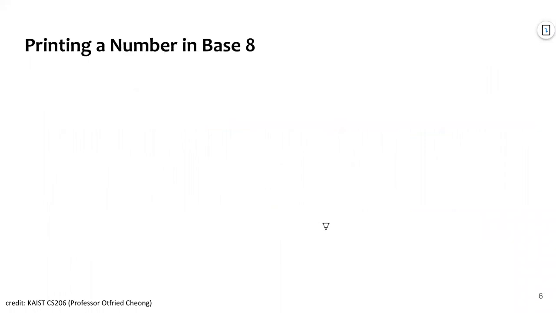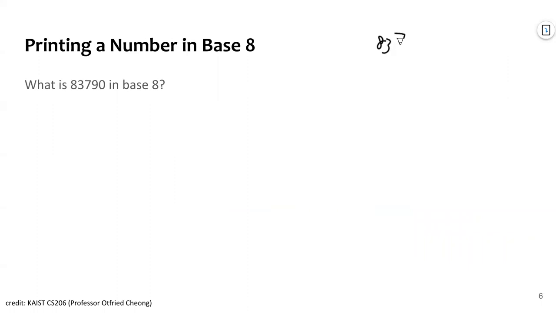All right, let me give you an example. How can you print a number in base 8? For example, what is 83790 in base 8? We know how to do this by hand, right?